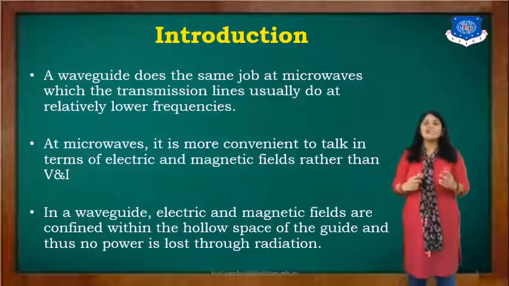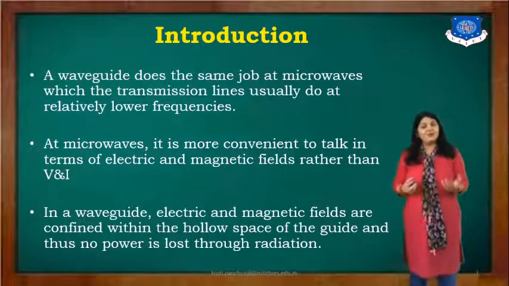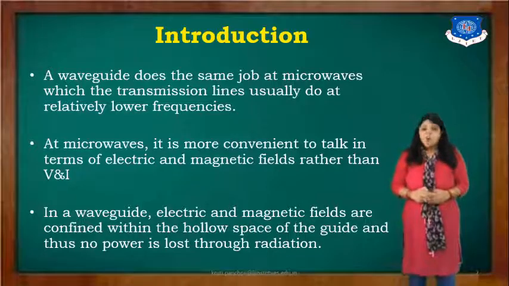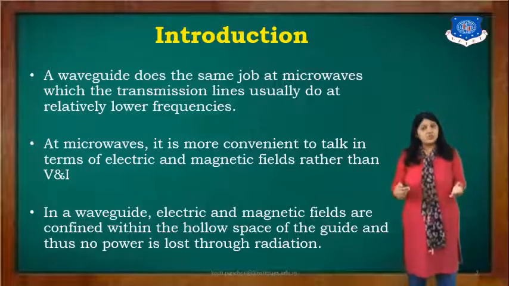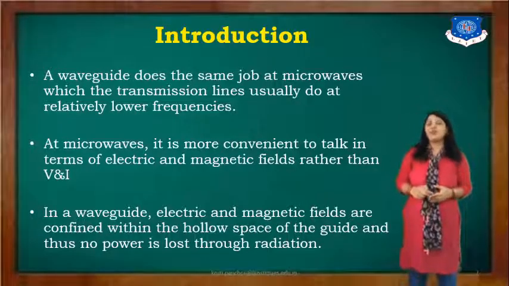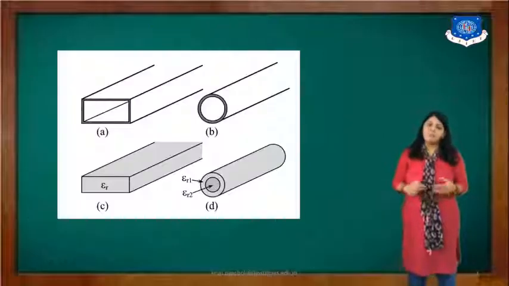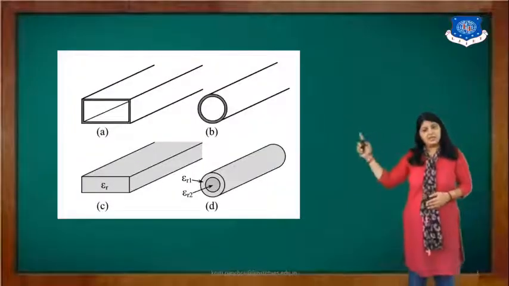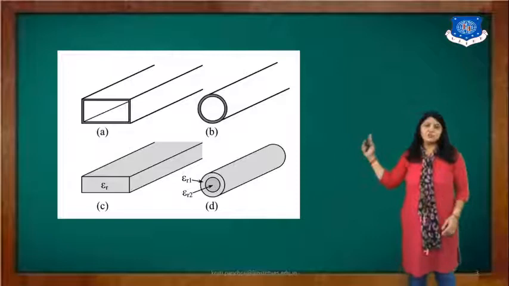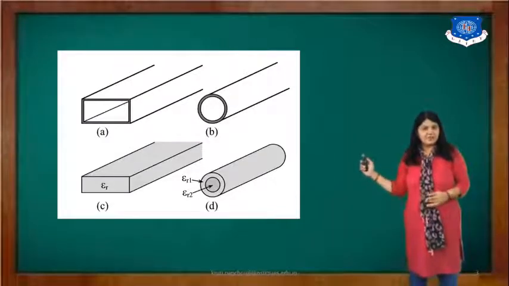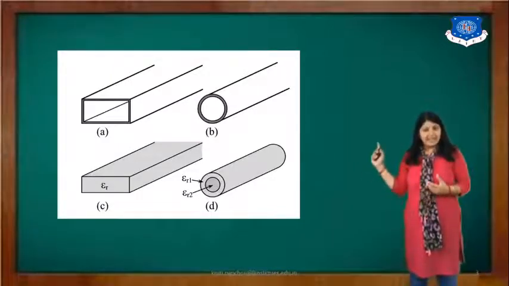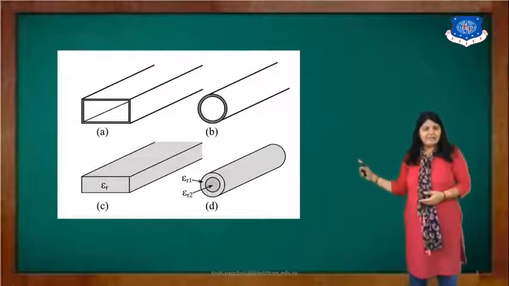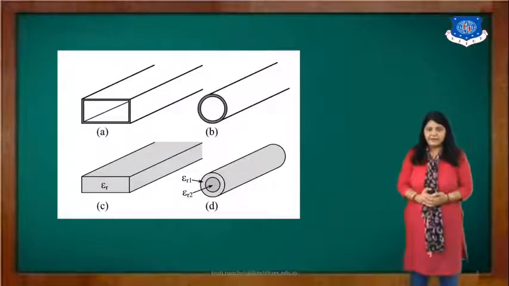So the question is, what is a waveguide? The waveguide is a hollow conductor through which the microwave signals can pass. Here you can see a few examples of the waveguide. These are the rectangular waveguide and the circular waveguide.